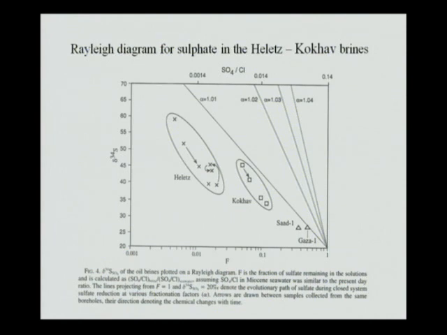Again, using the scheme of delta 34S against the fraction of sulfate remaining, assuming it was seawater to start with. So seawater would be here, 20 per mil approximately, because we don't know exactly the age of the water, but for that it's not so important.